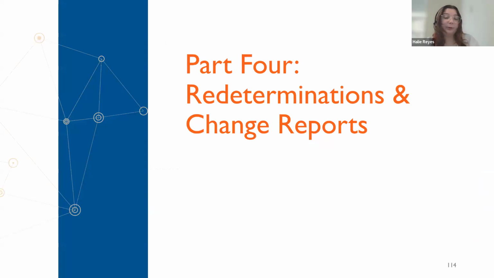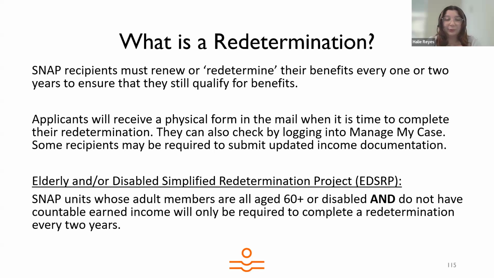Now on to the redetermination. We're about at time here, so I will just breeze through this for those who can stay a few minutes after. Redetermination is required every 1 to 2 years to ensure that they still qualify for benefits. There's a physical form that they'll receive in the mail when it's time, but they can also check Manage My Case. There's that big blue button in the top left that says Renew My Benefits.